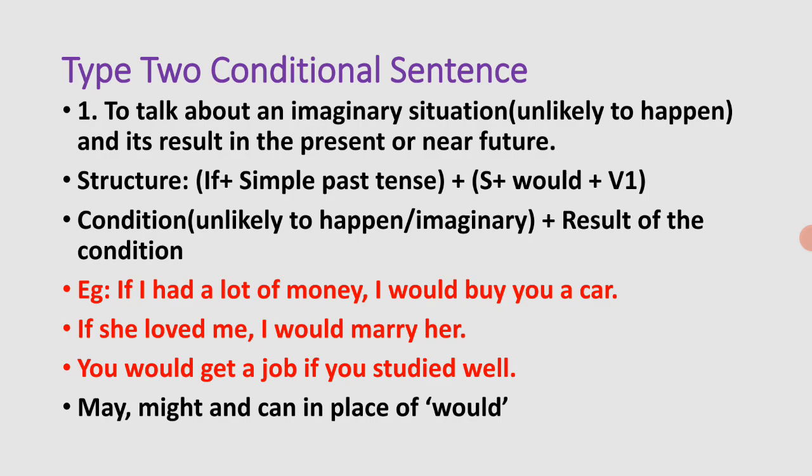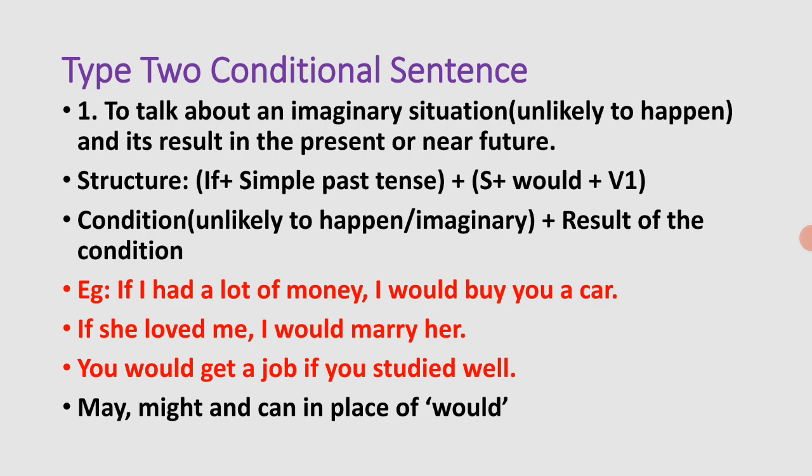Next one, type 2 conditional sentence. The first situation where we use type 2 conditional sentences is to talk about an imaginary situation, something which is unlikely to happen, and the next part is its result in the present or near future.